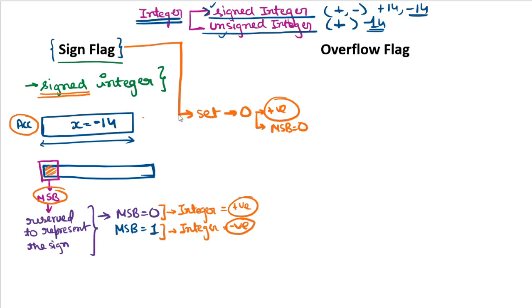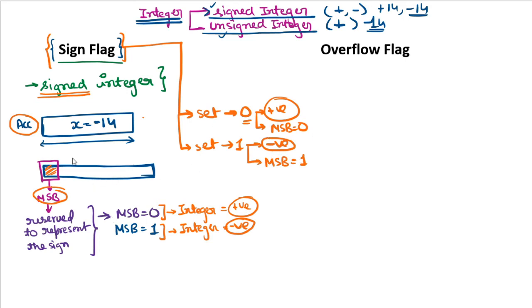And the sign flag is set to 1 when the integer that is stored in the accumulator register is negative and the most significant bit is equal to 1. So as simple as that. Sign flag is set to 0 when the integer present inside this accumulator register is positive, and it is set to 1 when the value present inside the accumulator register is negative.